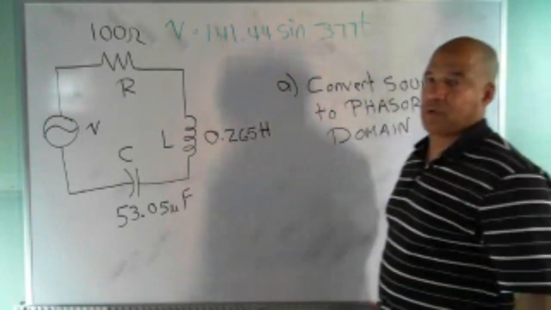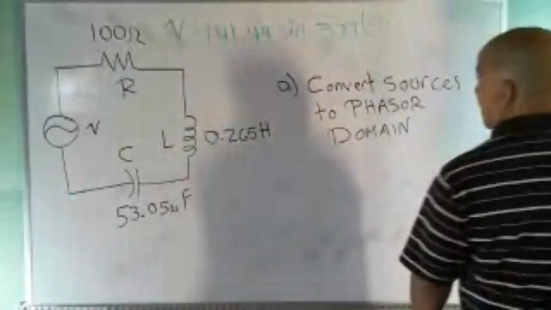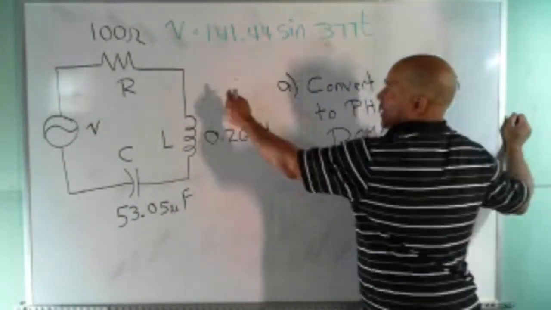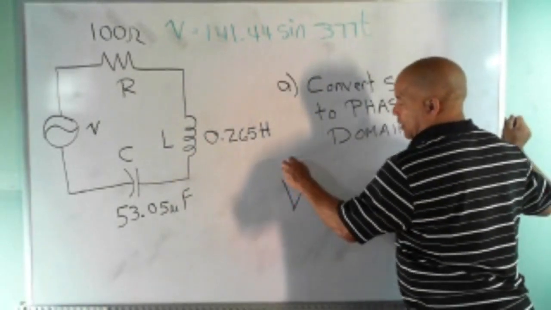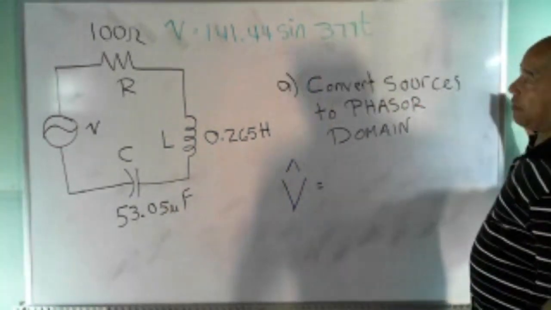Okay, so convert that to a phasor. If I convert that to a phasor, now instead of writing v like that, I'll write a capital V with a hat on it, showing it's a phasor. What would you get for the magnitude of that phasor?